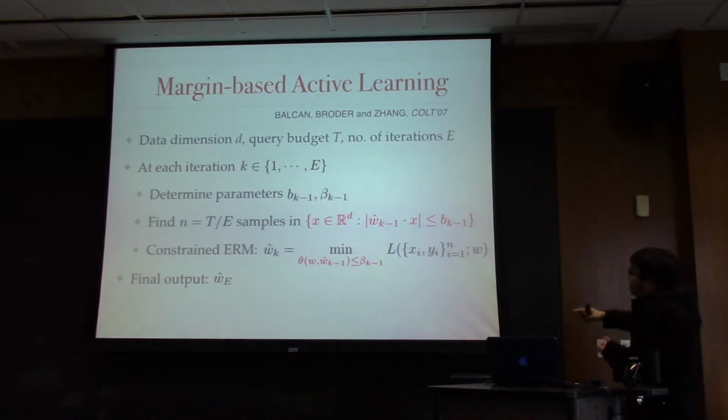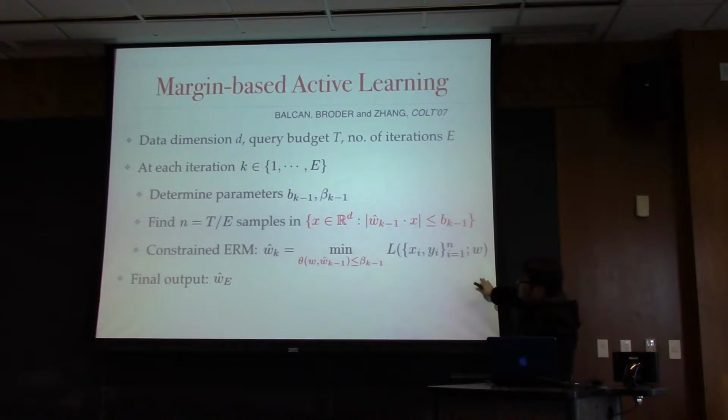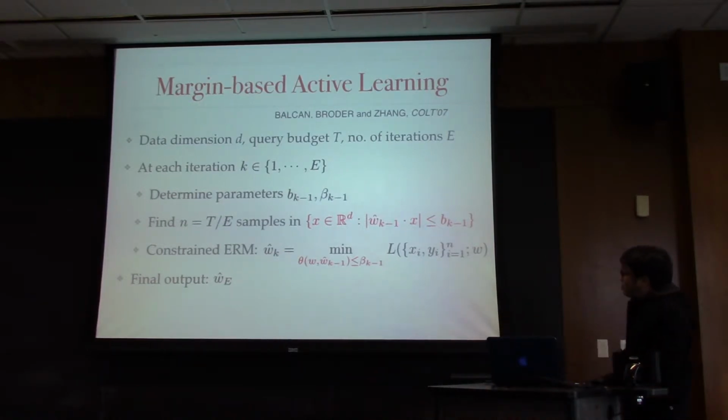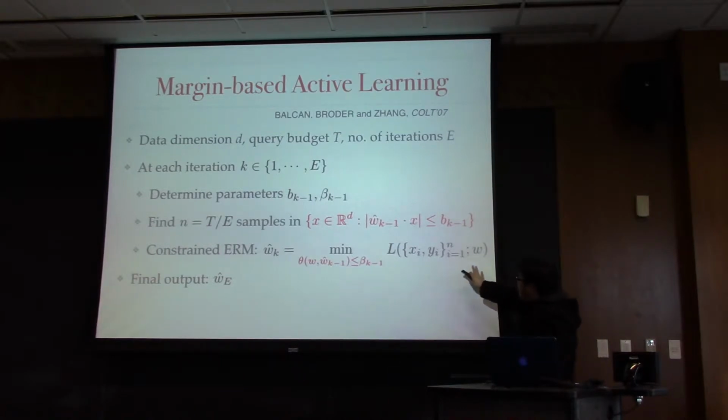After this data selection, I will request labels for all the capital T over capital E samples in this margin. In this way, I will obtain n labels. And then I will perform a constrained empirical risk minimization procedure. I'm still minimizing the number of mistakes I made on this data set.